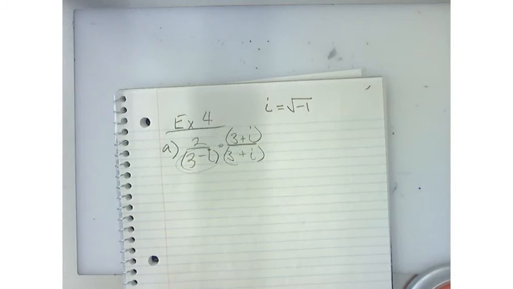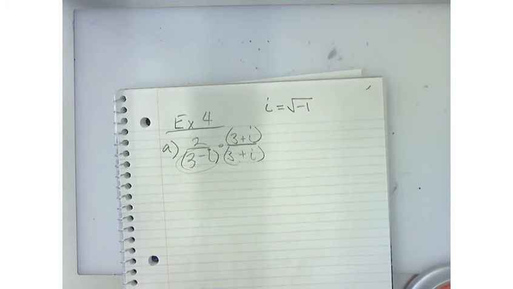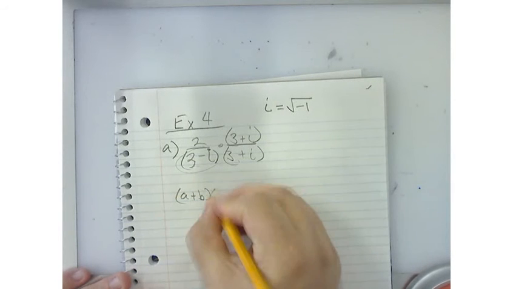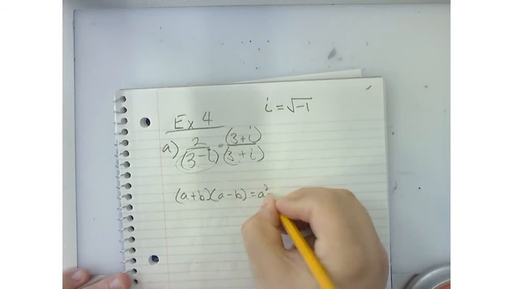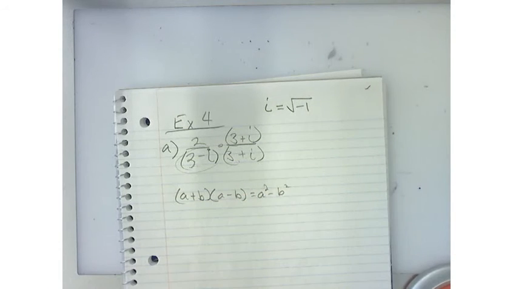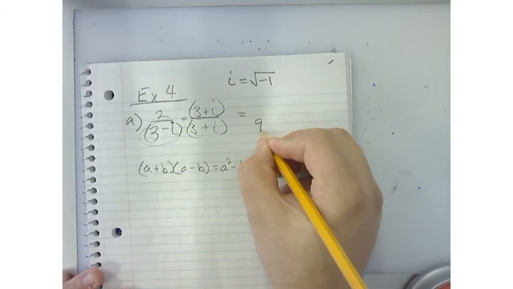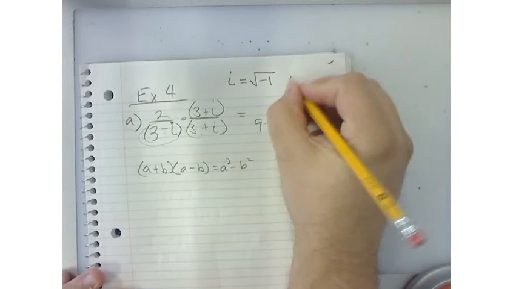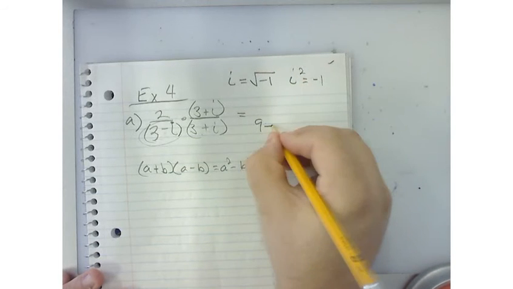Now this is a difference of squares. If I have a plus b times a minus b, it's always going to equal a squared minus b squared. On the bottom of this fraction, I'm going to have 3 squared, which is 9, and then minus i squared. But remember that i squared is equal to -1, so this becomes a positive 1.